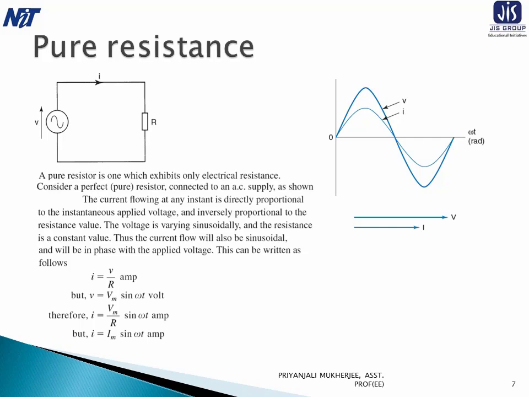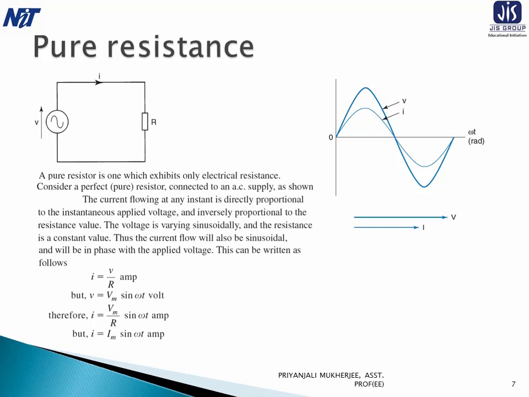But now we are adding a pure resistance across the AC supply. When a pure resistor is connected, then due to its electrical resistance property, the current flowing through it at any instant is directly proportional to the instantaneous applied voltage and inversely proportional to the resistance value.